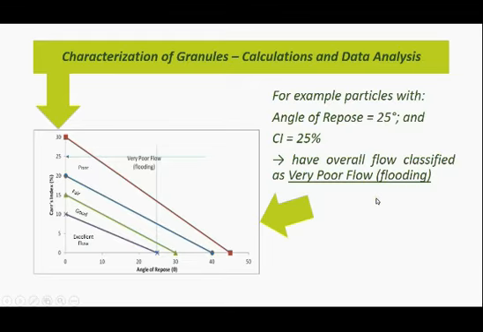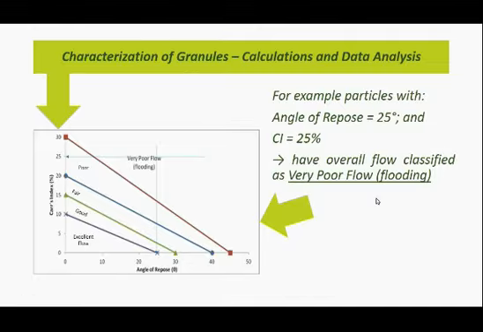First, you have to add a line that is perpendicular to angle of repose starting from angle of repose value 25, and also a line perpendicular to Carr's index, which is on the y-axis, starting from 25%, which is the value of the calculated Carr's index in this example.